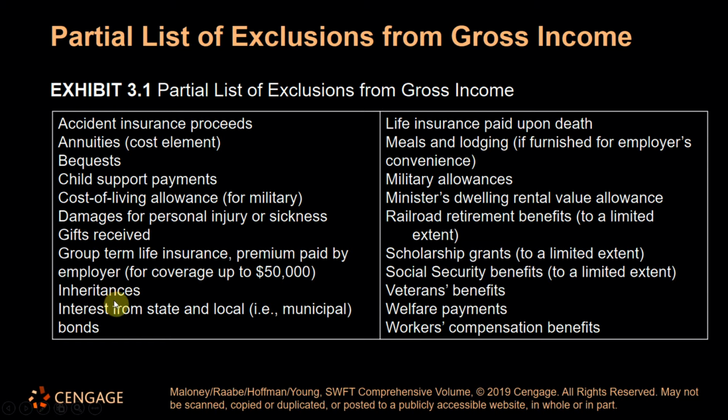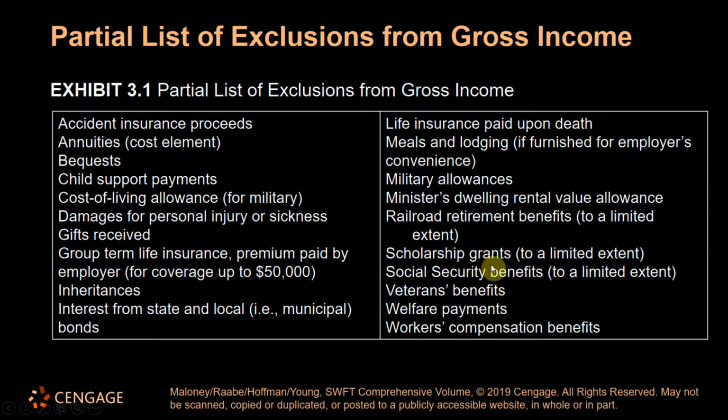Inheritances are not subject to income tax, and certainly not federal income tax. A few states have an inheritance tax on the state level. Gifts received are generally not taxable to the recipient. However, the giver, if the amount exceeds roughly $15,500 for 2018, must report that gift.